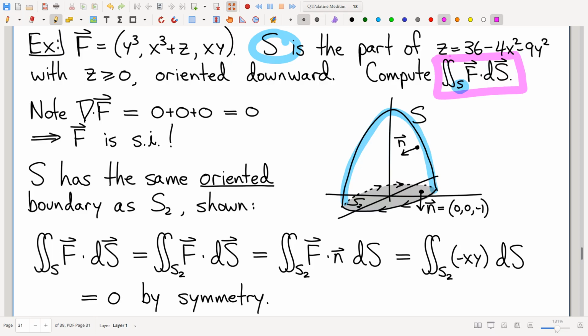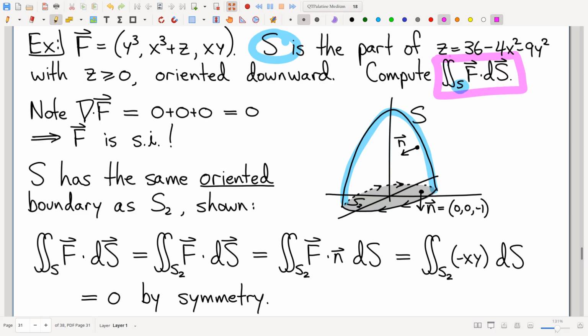I guess in this case it wouldn't be that bad, but I can definitely see how this could have been a much uglier vector field, and this could have gotten ugly. Brute force computation here in a different scenario could be super ugly. Okay, so let's call that plan B.